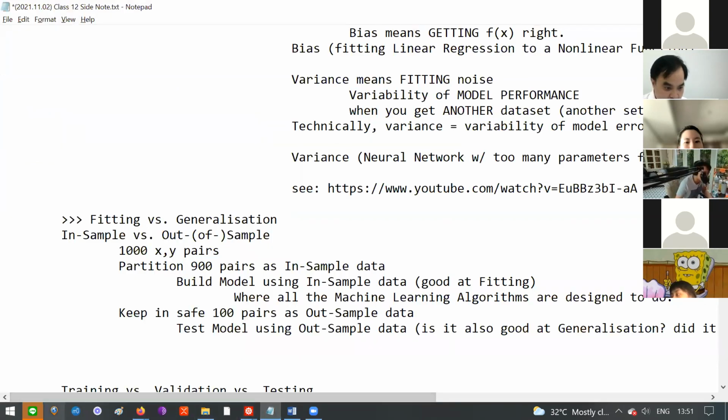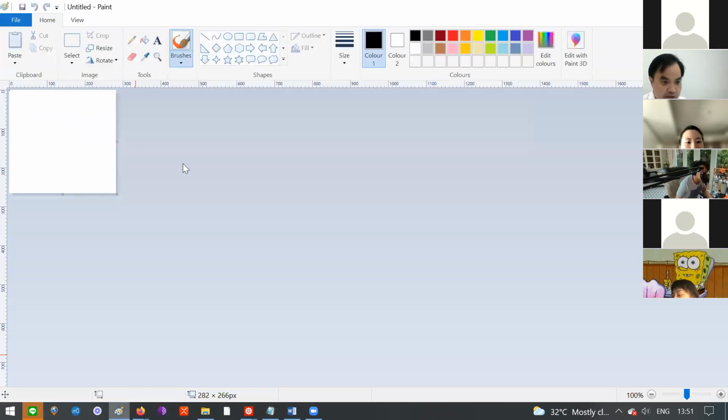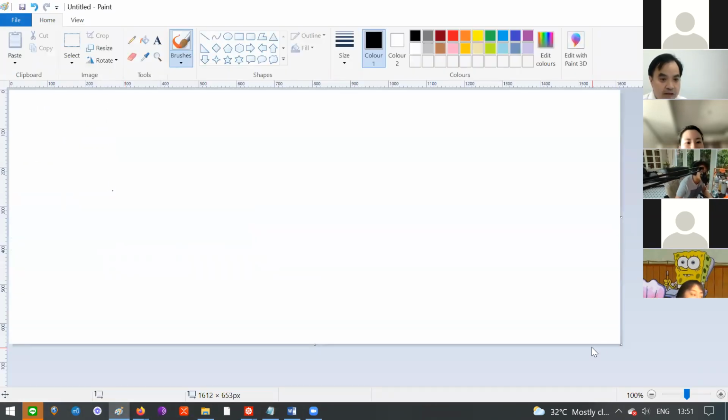So I'm going to draw this picture. Now, imagine that this is my error function.